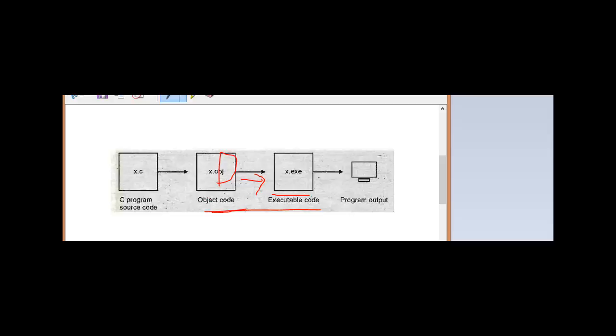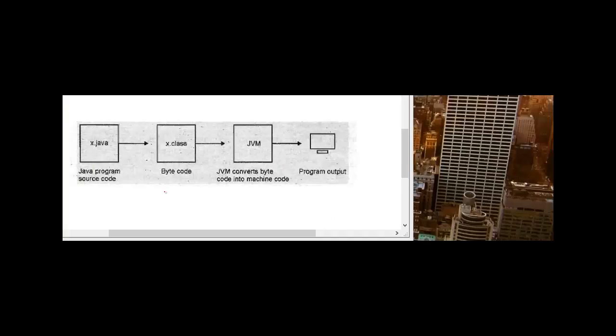This problem is solved in our programming language Java. In Java, our source code is saved to a file name with extension .java. So this x.java contains the source code we wrote.